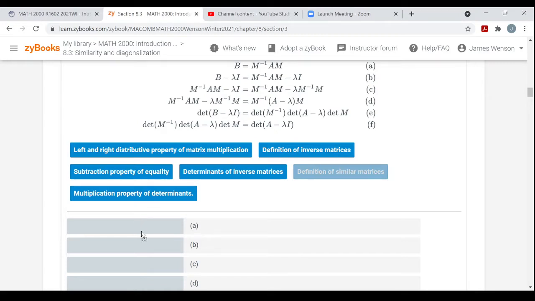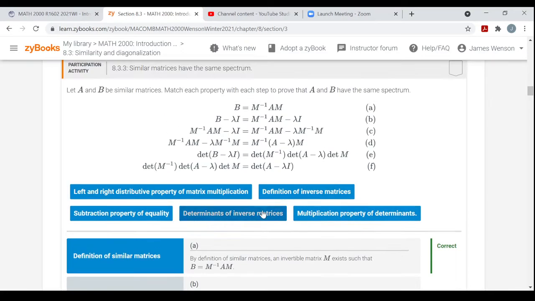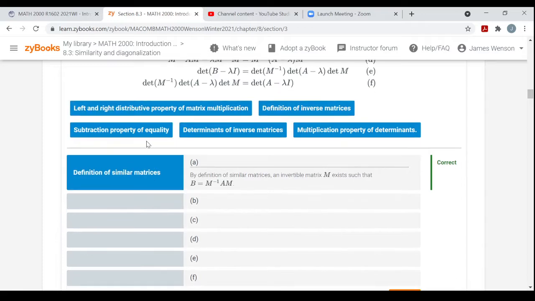Let me actually get this in. There we go. And then notice what they did here was they subtracted lambda I from both sides. That's just the subtraction property of equality. When you have an equation, you can subtract the same thing from both sides and you'll still have an equality.